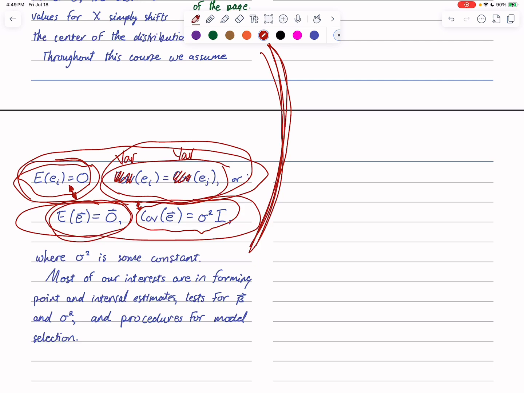And here we're saying that if you compute the covariance of the vector, and you can go back and remember what that means, that's the matrix of all of the covariances of the pairs of random variables. We're saying that it is sigma squared, their shared variance, times the identity matrix. Sigma squared is the shared variance of all of these random variables.